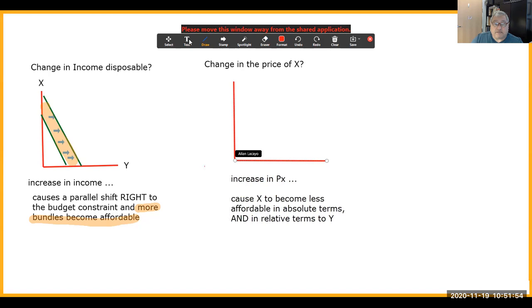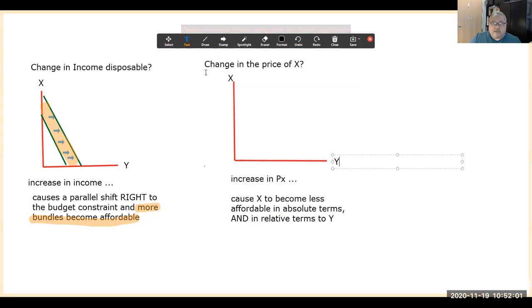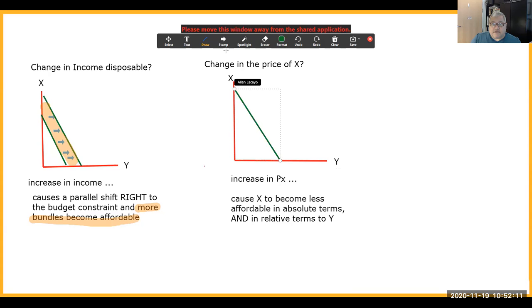So in this case, X is in the vertical axis, Y is in the horizontal axis. The initial budget constraint is in green. And I'm increasing the price of X. So what that does is it reduces the affordability, but only in the vertical dimension. So an increase in the price of X makes X less affordable.